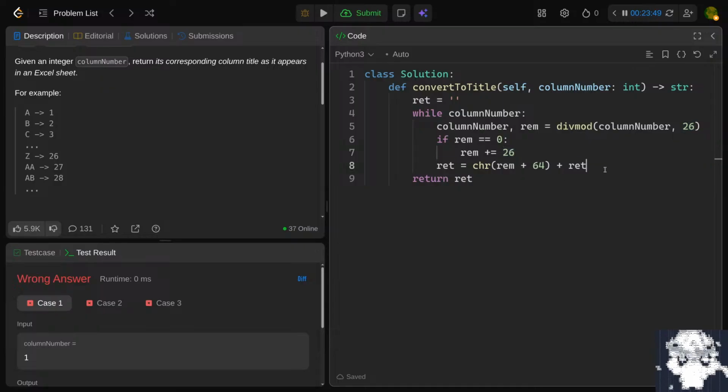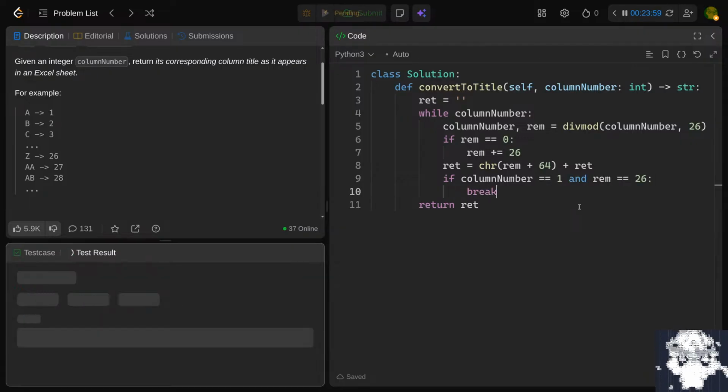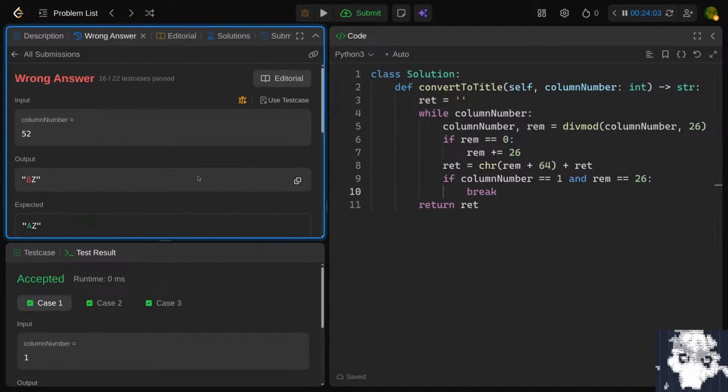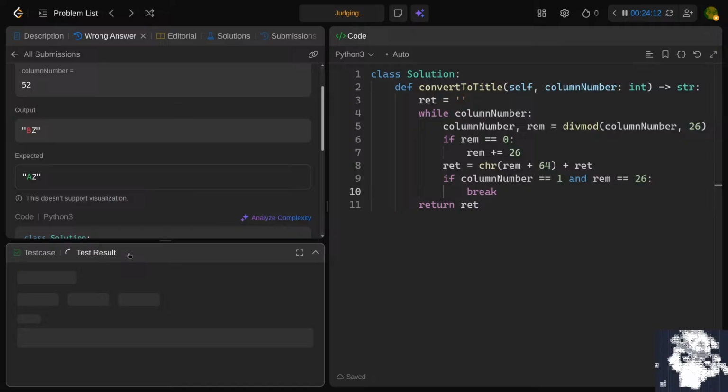Because what I want is like if column number equals 1 and rem equals 26, then you don't keep going. But it seems like such an arbitrary rule. I know the solution to this is going to be so simple.